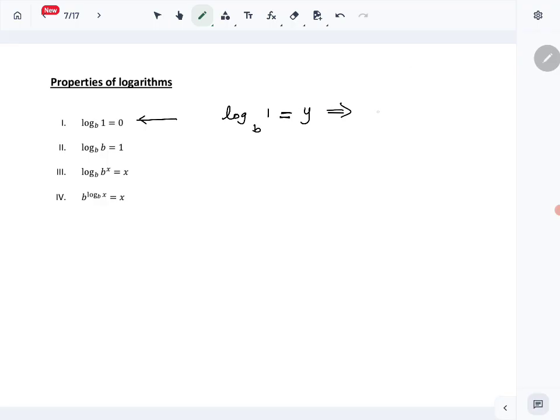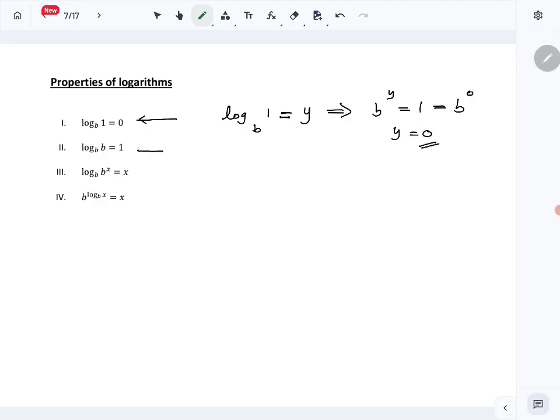So we want to find y. So we get what? b to the y equals 1. 1 can be written as what? b to the 0. So then y equals 0. So we have the proof of the statement. So remember, log to any base, here we take it as b, so log base b of 1 is always 0.